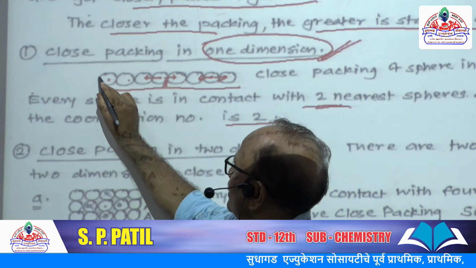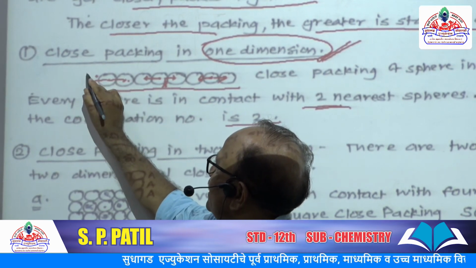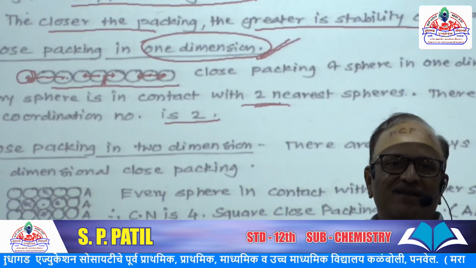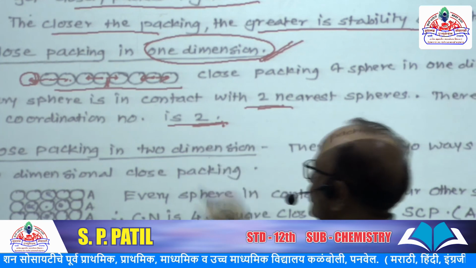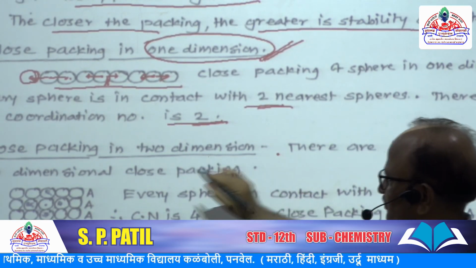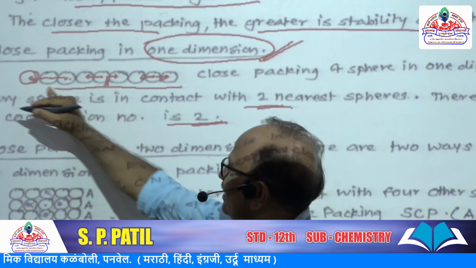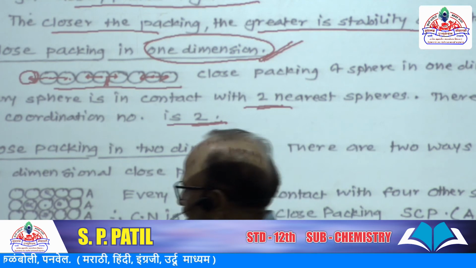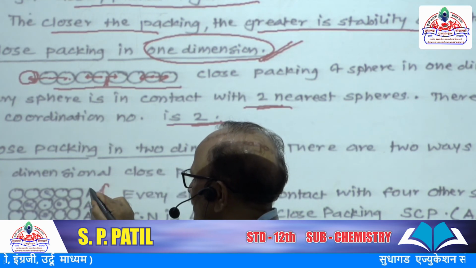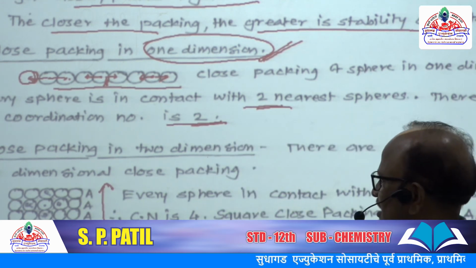So the coordination number in one dimension is 2. Now let us see close packing in 2 dimensions. Now the dimensions are changed: in one dimension only length is considered, but here length and a second dimension, width or height, is considered. So dimensions are 2.